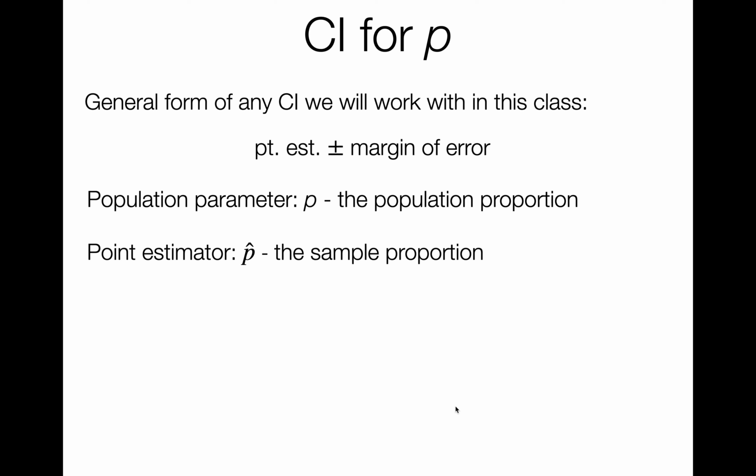So P hat is our point estimator. When we actually find P hat in a problem where we have specific data, that's a point estimate. The point estimator is the idea of a statistic estimating the population parameter.